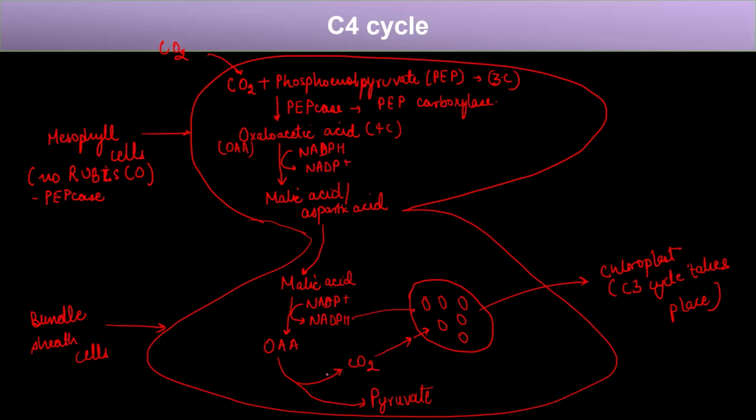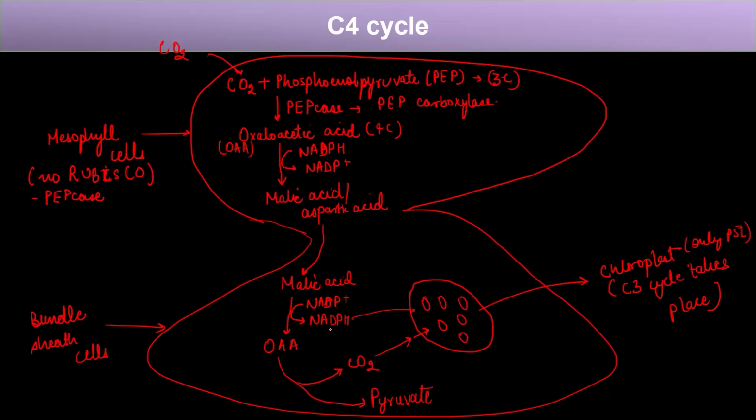And these chloroplasts have only PS1, because we know the PS1 are present on the exposed region while the PS2 are present on the non-exposed region. But the chloroplast in the bundle sheath cell does not have any unexposed region. So only PS1 is present.